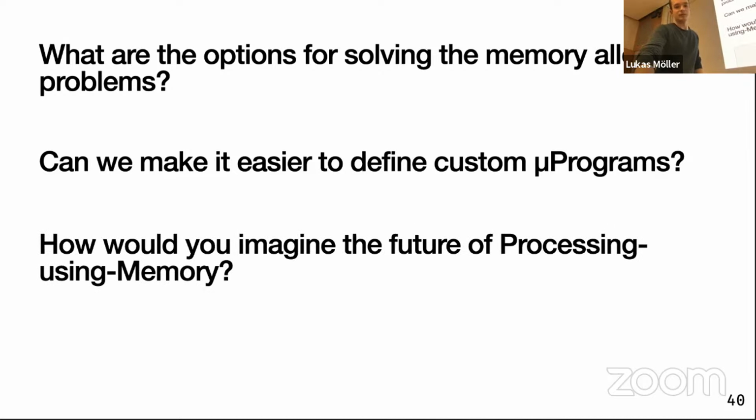Right. And then how would you imagine the future of processing using memory? How would you imagine that to look like? Do you think that it will gain traction? I mean, if it's so much more energy efficient and in some cases so fast.